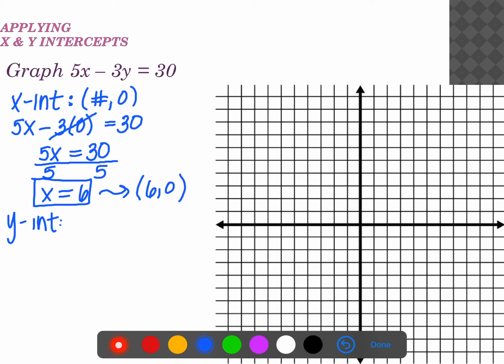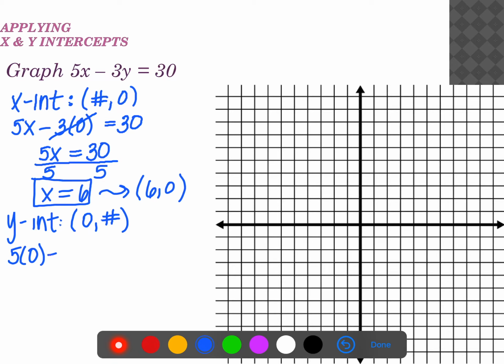We're going to do the same thing for the y-intercept. Okay, but this time, it's always 0, a number. Okay, so think about it. If you are anywhere on the y-axis and you put a point, what's the x value at that ordered pair? It should always be a 0. So we're going to plug that into our equation.